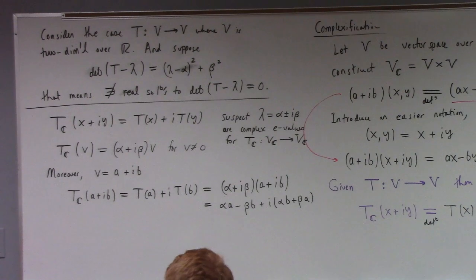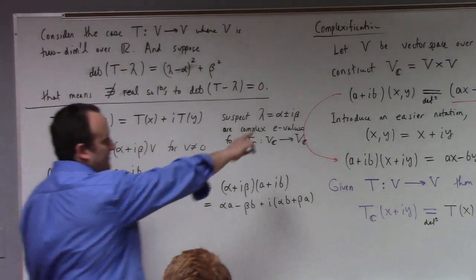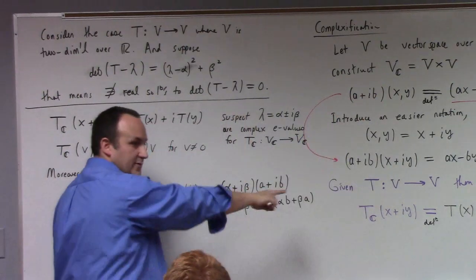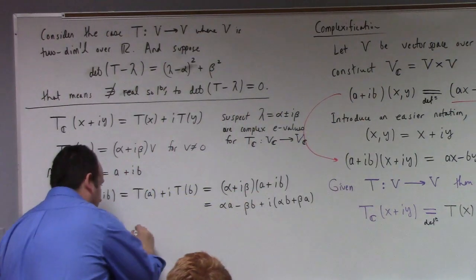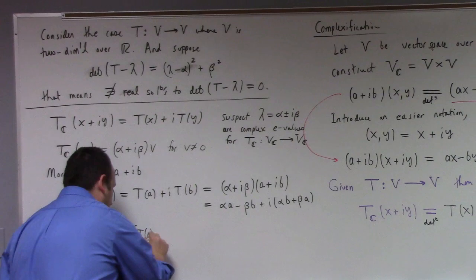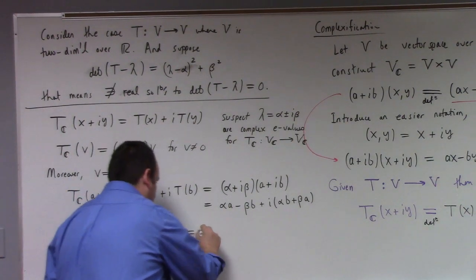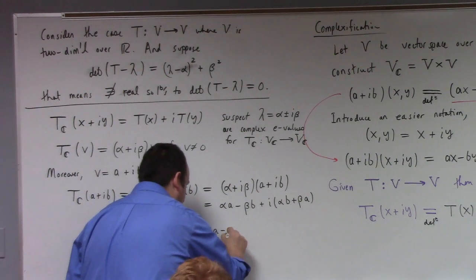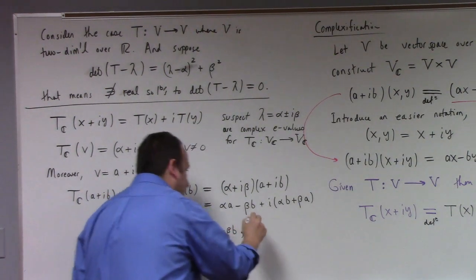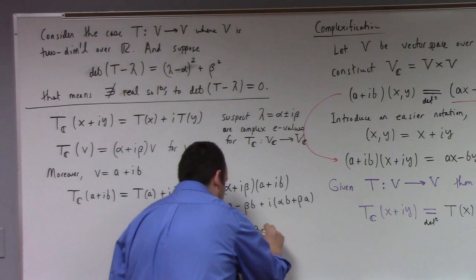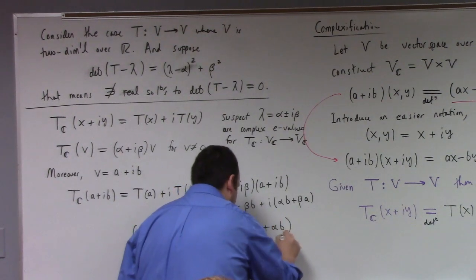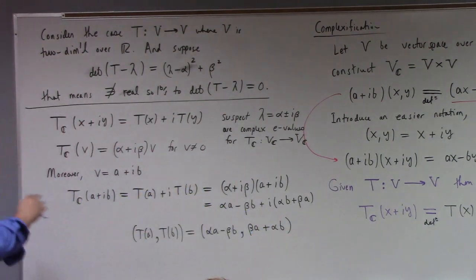If I go back to the v cross v notation at this point, what this equation says is that T of a comma T of b is equal to alpha a minus beta b comma beta a plus alpha b, because I'm just writing the real and imaginary components of this vector equation.